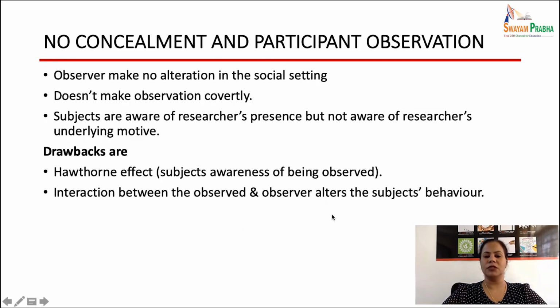Many times, because the researcher is a participant, when he is interacting with the subjects, they may alter their behavior, and it can result in wrong information and decrease the validity of the research findings.